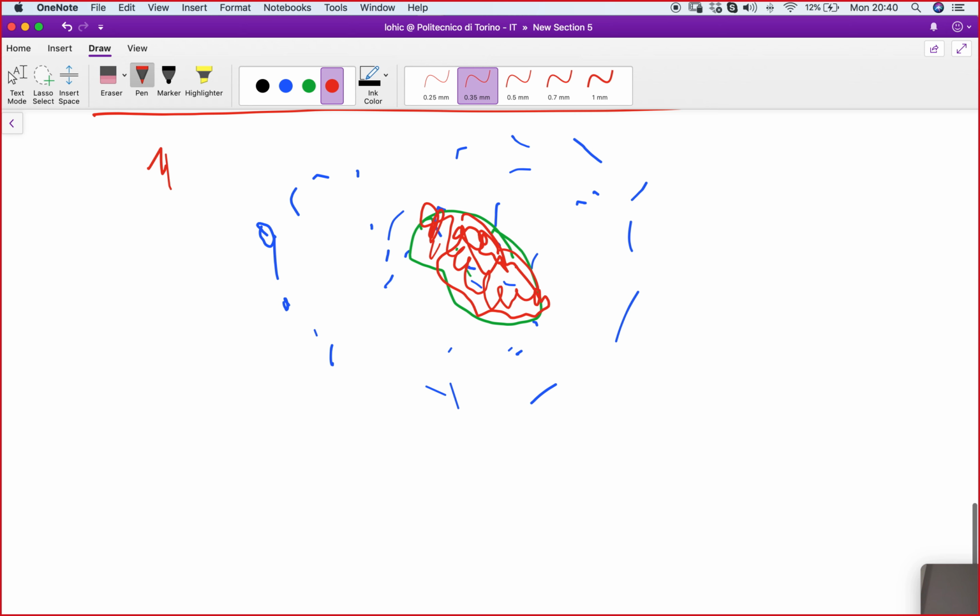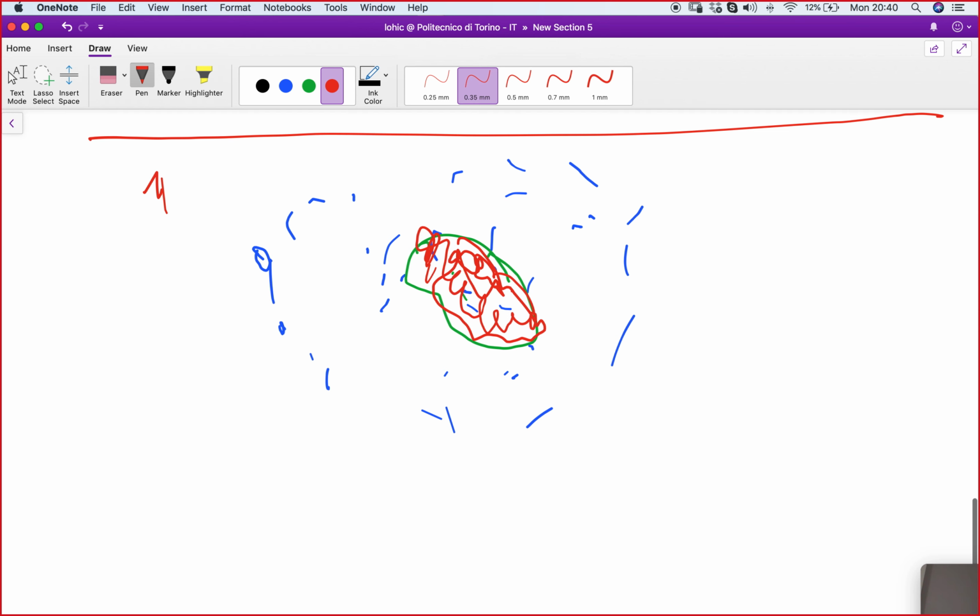So if I take this conductor and put it inside a field, it's clear that maybe at the beginning the charges in the conductor will be moving, but the system will be trying to turn back to the equilibrium position. When the equilibrium position is reached again, the field inside the conductor will be 0, and the field on the surface of the conductor will be perpendicular to the surface. Is that clear?